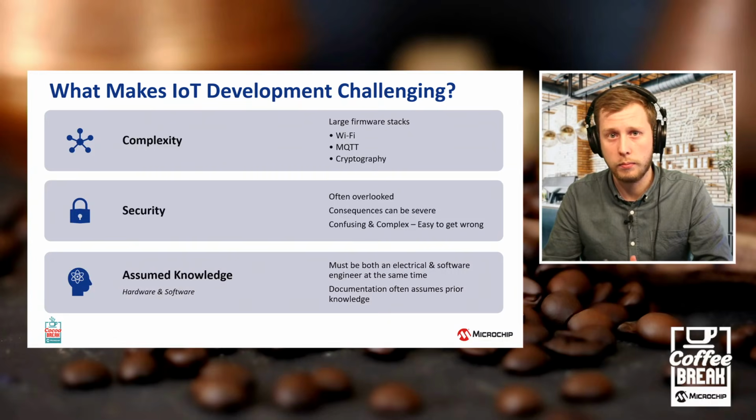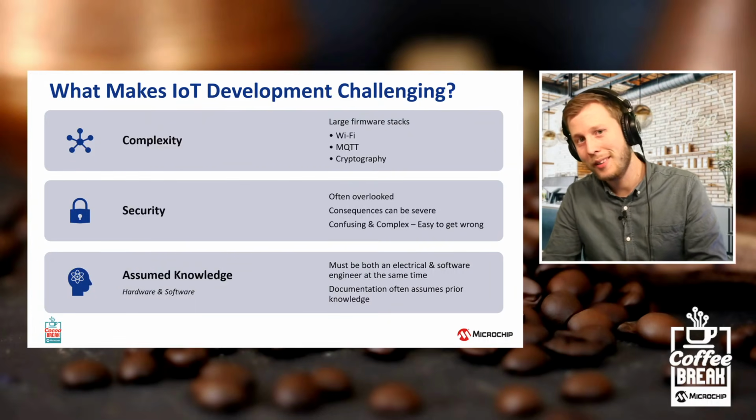Again, to use that, you need a TCP/IP stack, and on top of that, you need a driver for an actual Wi-Fi module, and so on and so forth. And it really just adds up to how much complexity you have to deal with. Right. So that's the first one.